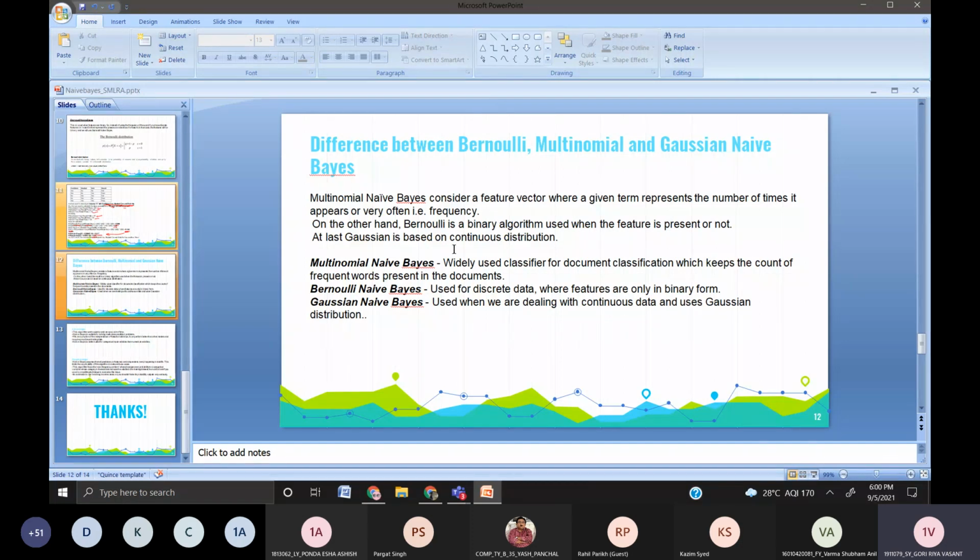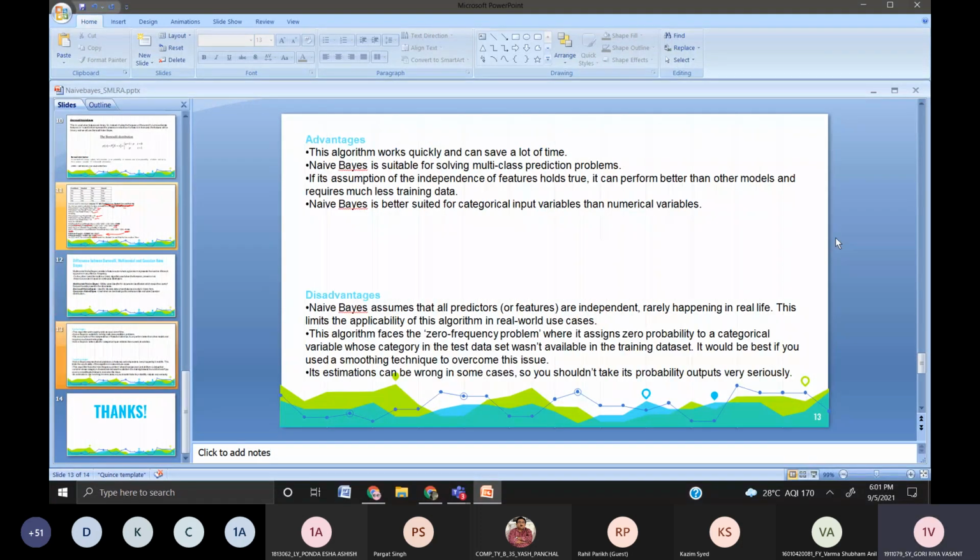And Gaussian is based on a continuous distribution, that is, the normal distribution. So multinomial is used for classification problems, Bernoulli is used for only discrete data, and Gaussian is used when we are dealing with continuous data. The basic advantages and disadvantages, we'll go through them quickly.